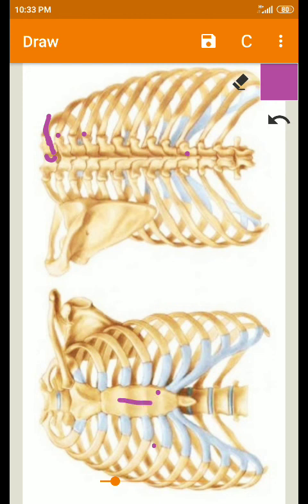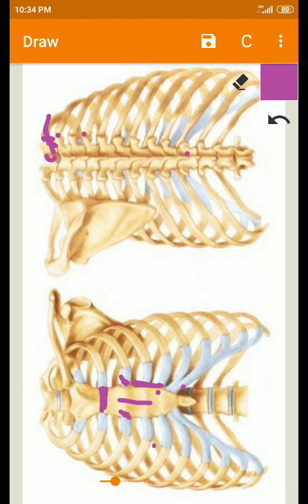This is the manubriosternal joint, and this one is the costovertebral joint. The next joints are the chondrosternal joints, that means the cartilage which is attached to the sternum forming a joint.